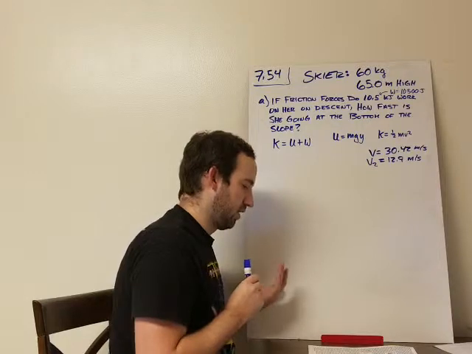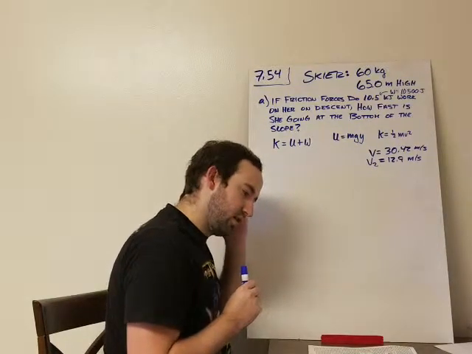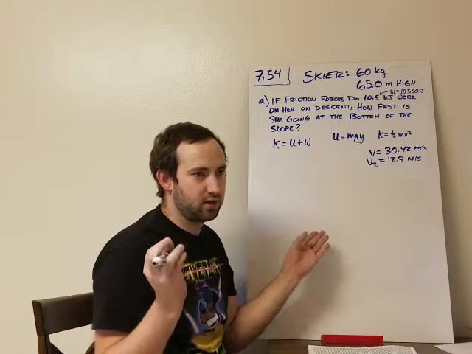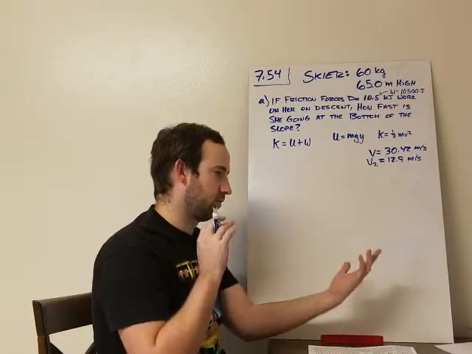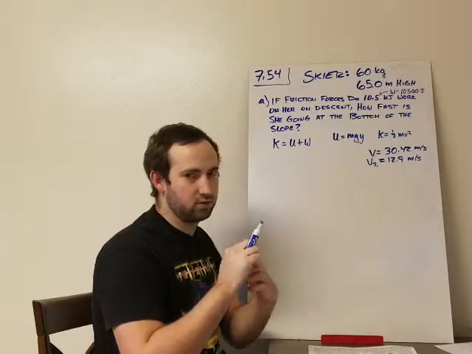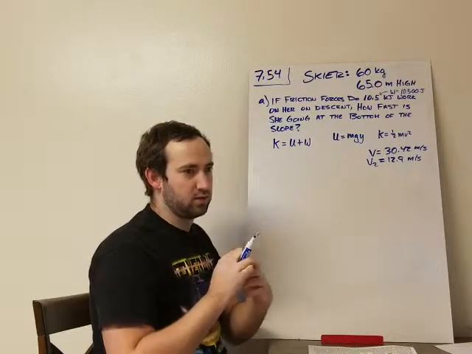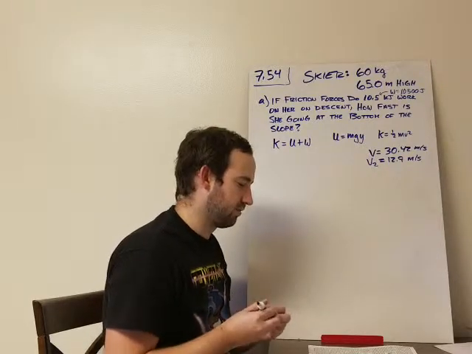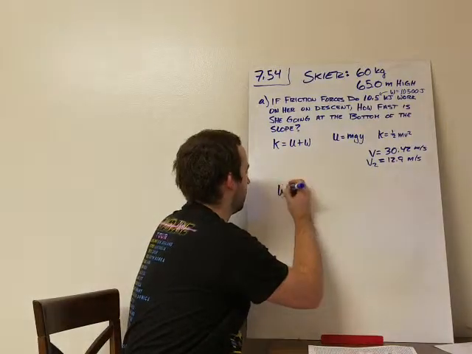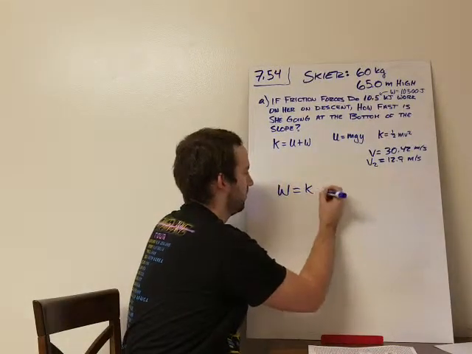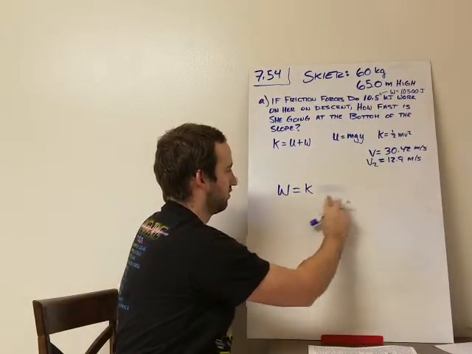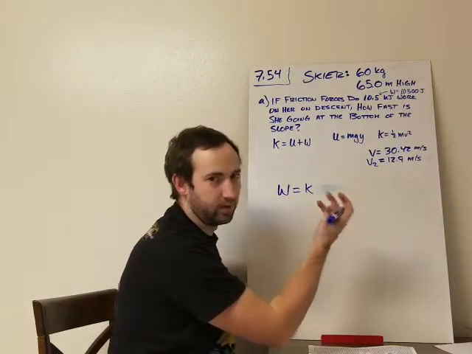In this case, the work to stop the skier is going to equal the kinetic energy of the skier, because as one goes to 0, the other goes to 0 with it. So work equals K. You could say plus U, but we know that U is 0, so work equals kinetic energy.